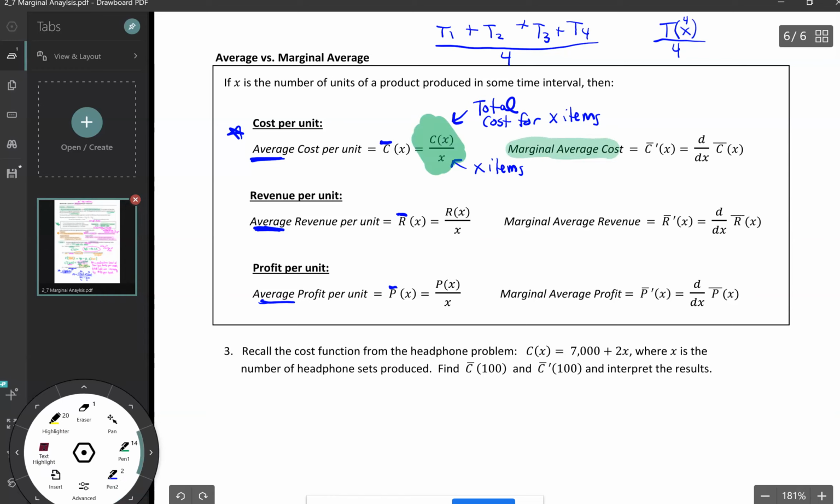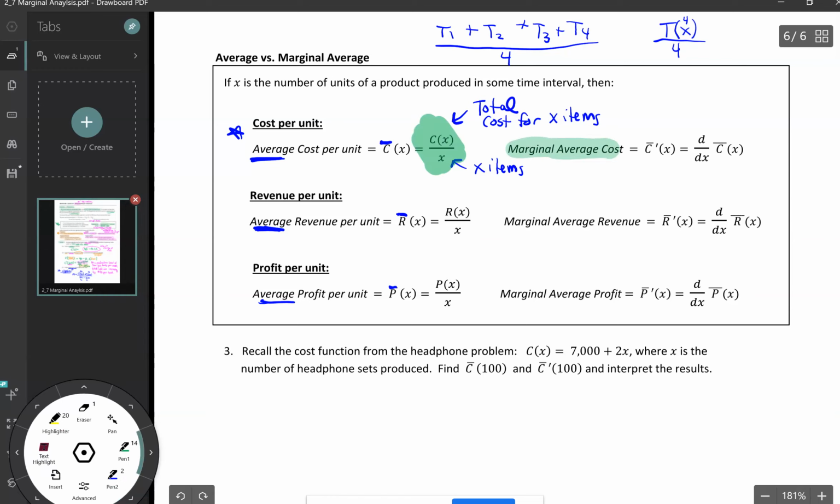But you'll know it's marginal average cost because you'll see the bar above the C. If you see the bar above it, that's average. So if I see the bar above the R, I know that's average. If I see the tick mark there, I know it's marginal. So you're just learning how to read that notation.